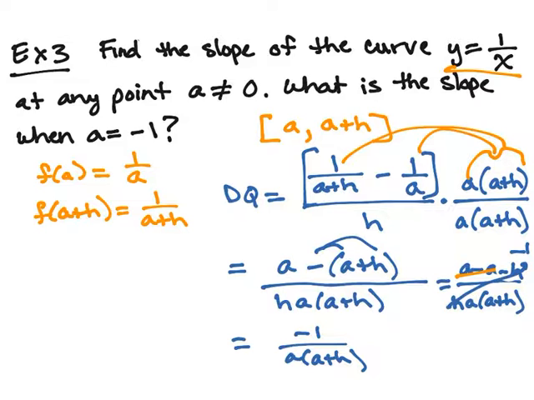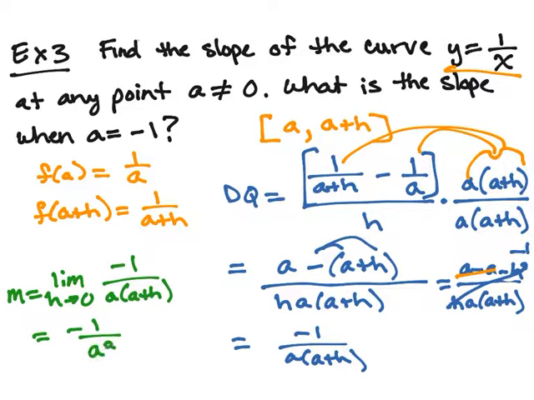To find the actual slope of the tangent line, we have to take that and take the limit as h goes to 0 of it. Okay, direct substitution gives me negative 1 over A squared.